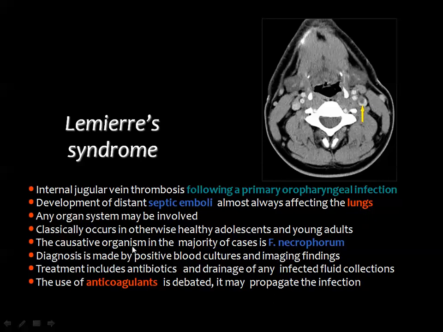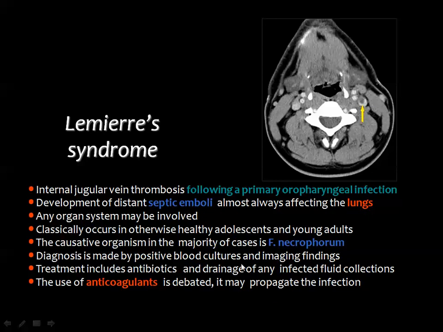The causative organism in the majority of cases is Fusobacterium necrophorum. This organism can lead to thrombosis of the internal jugular vein and is also present in the emboli or the showers coming from this thrombus.